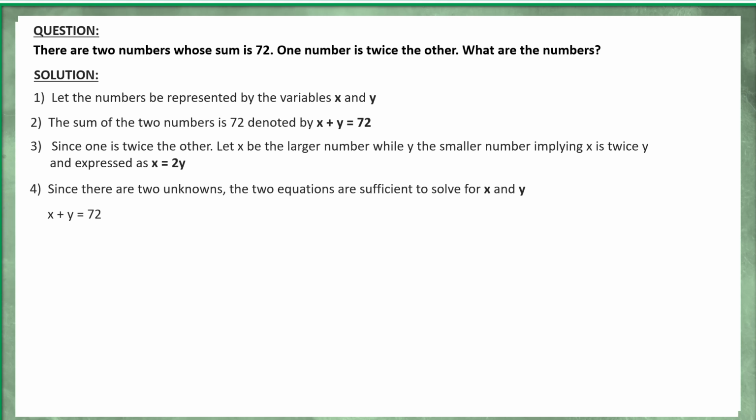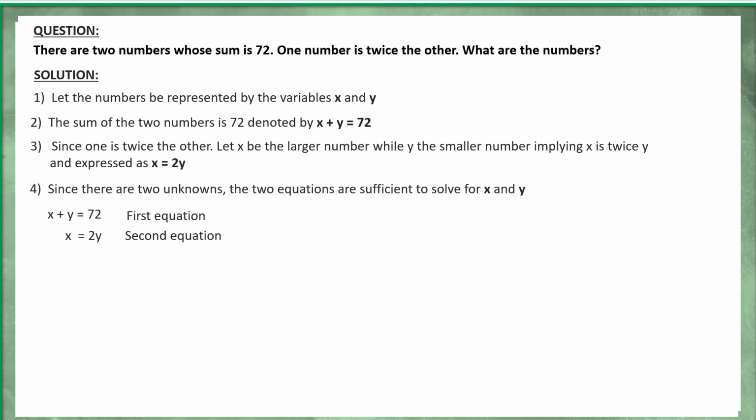So x plus y is 72 is the first equation. x is equal to 2y is the second equation. Note that in the second equation, x is equal to 2y. Note also that in the first equation, we have a value of x, which we can replace with 2y.